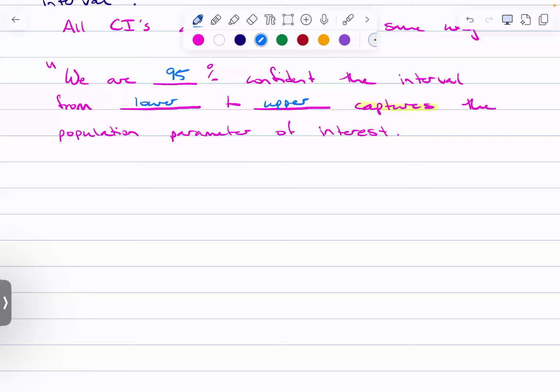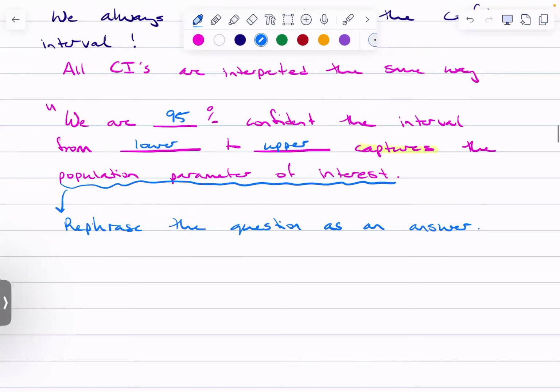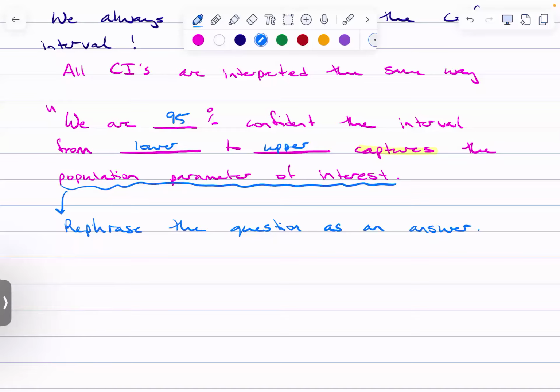Now for this part, the population parameter of interest, what you're going to do is rephrase the question as an answer. It's going to take some work.